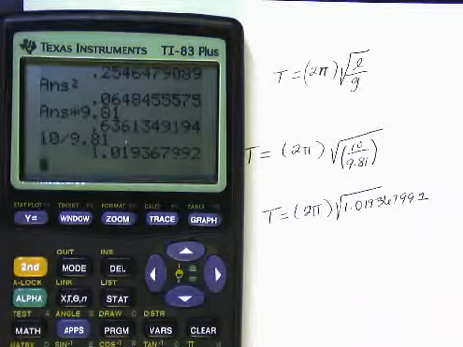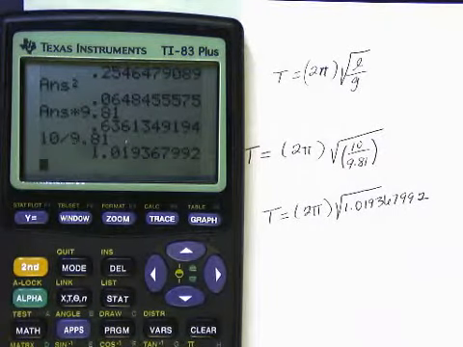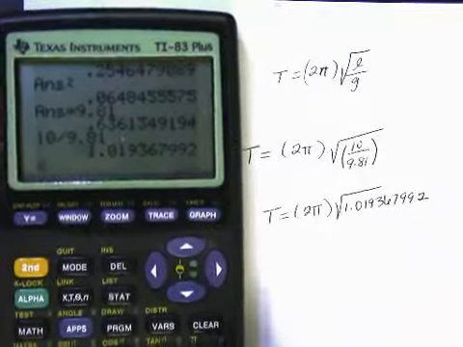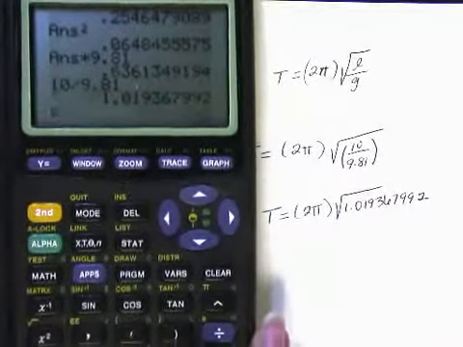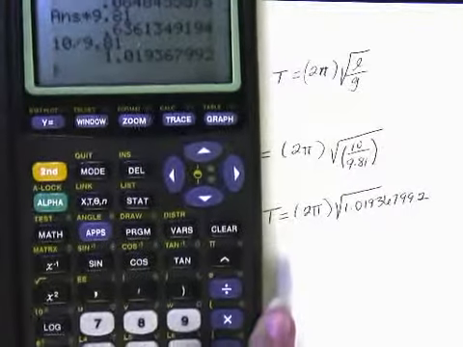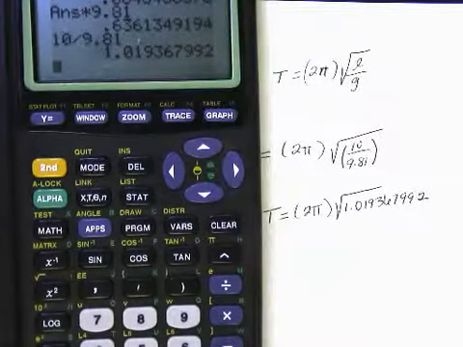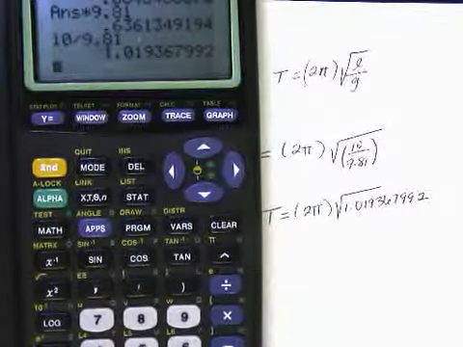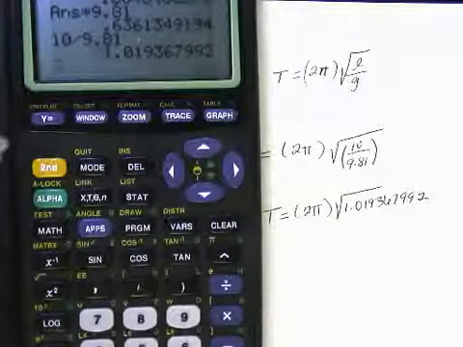To make things simple and to minimize the number of mistakes I might make when typing into the calculator, I'm going to show you how to use the answer feature. If you don't know this already, this is going to be a quick lesson. If you know this already, I highly encourage you to use it.